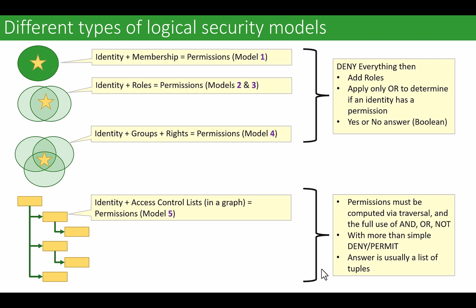The next level of complexity up that stays in the realm of OR-based set theory is that an identity is a member of one or more groups, and each group has a set of one or more rights. And the summation of all of the rights in all of the groups ORed together are your permissions.